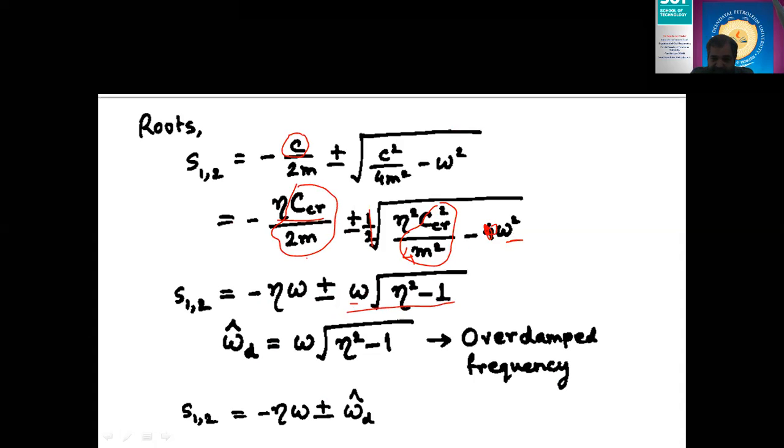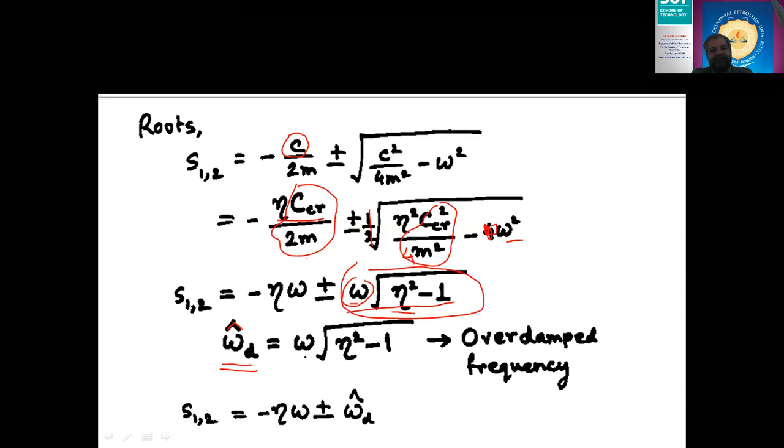Now you can see this frequency is your natural circular frequency, but it is with an eta square function. So I am defining this particular function as one more frequency, and this frequency I am giving the name omega d cap. This is omega d cap, and its value is equal to omega into the root of eta square minus 1.